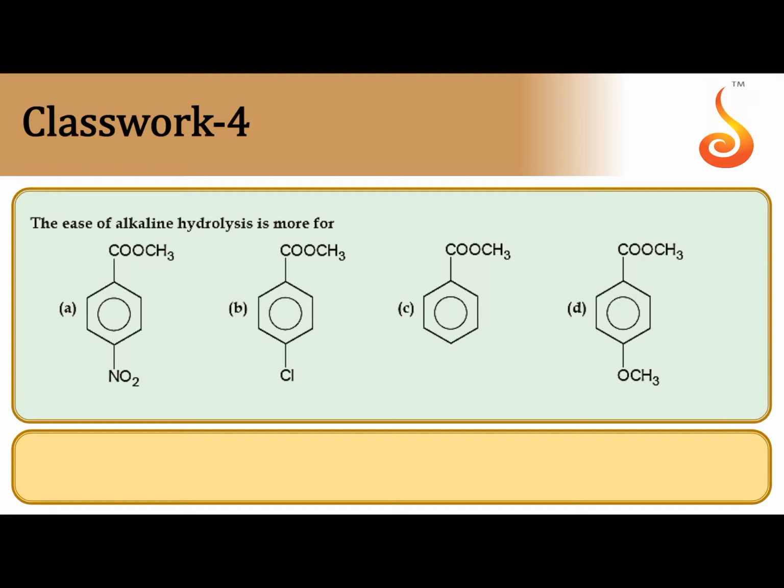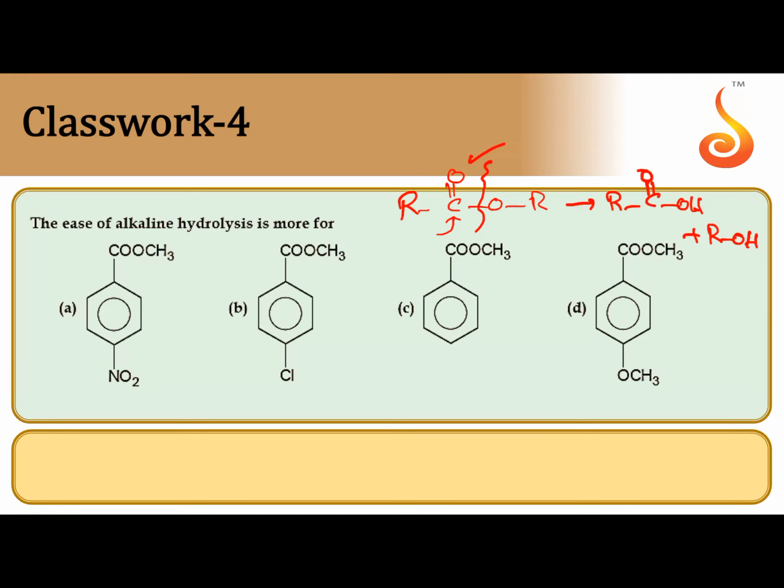Next, the ease of alkaline hydrolysis is more for which ester. The compound given is an ester, RCOOR. On hydrolysis of an ester, it gives RCOOH and ROH. For the hydrolysis, the nucleophile has to attack the electrophilic acyl carbon first.